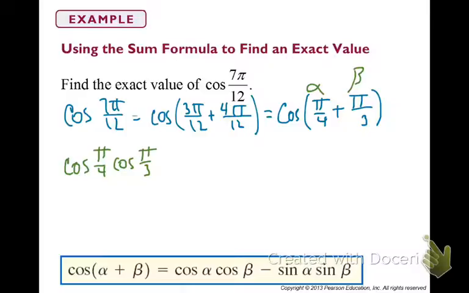And since cosine is the one where the signs switch, since we were doing plus, when we go to the formula, it flips to the minus. And then it becomes sine of alpha, so sine of pi over 4, times sine of pi over 3.